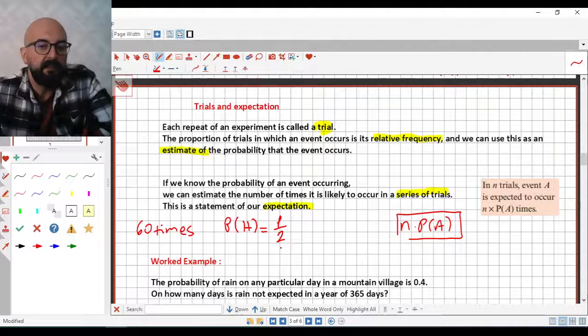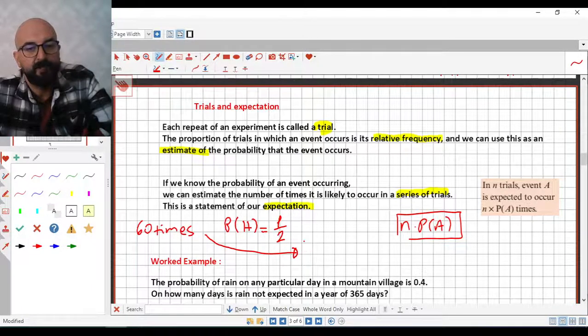In the 60 times you expect the number of heads to be 60 multiplied by the probability of heads, so 60 multiplied by 1 over 2.